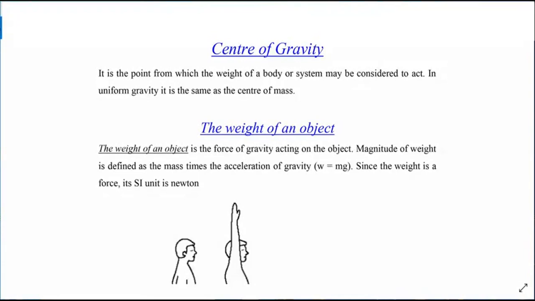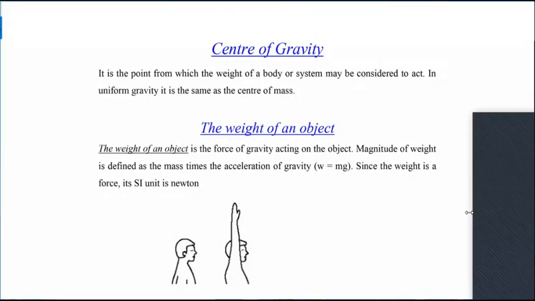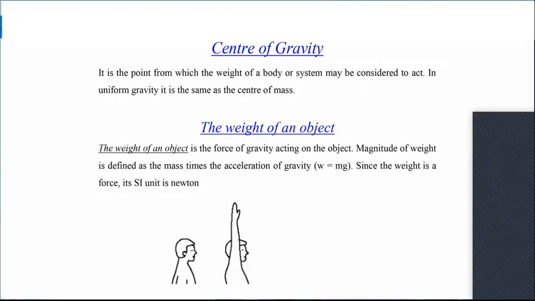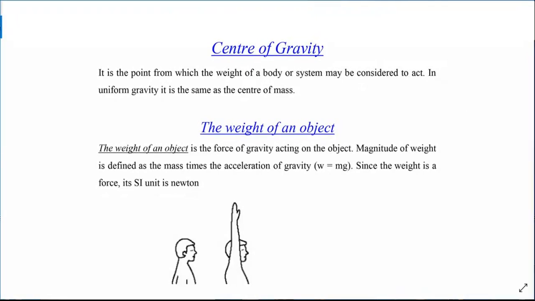It is the point from which the weight of a body or system may be considered to act in uniform gravity. It is the same as the center of mass. The weight of an object is the force of gravity acting on the object. Magnitude of weight is defined as the mass times the acceleration of gravity. W equals mg. Since the weight is a force, its SI unit is Newton.